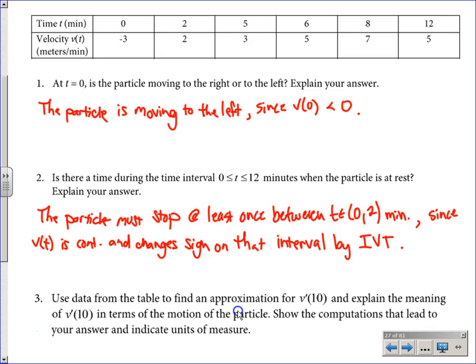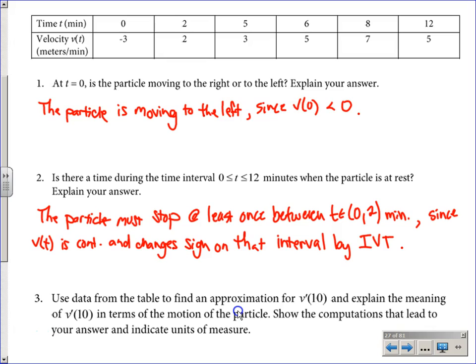You can write out intermediate value theorem if you really want to, but IVT is sufficient. IVT is good. MVT is good. EVT, I've never actually seen you need to use it on a free response. It's always in thinking about a multiple choice. IVT, MVT, FTC. But we haven't learned that one yet. Okay.